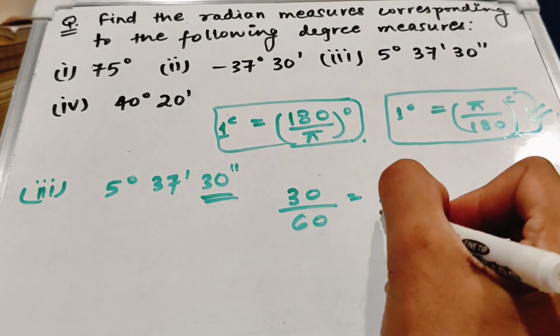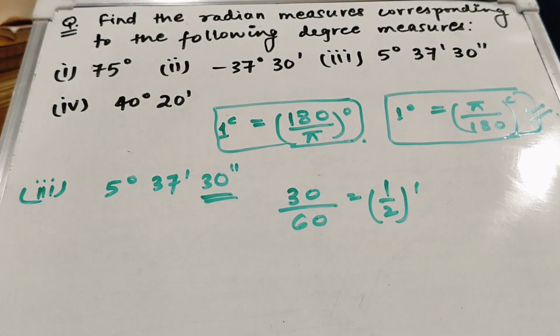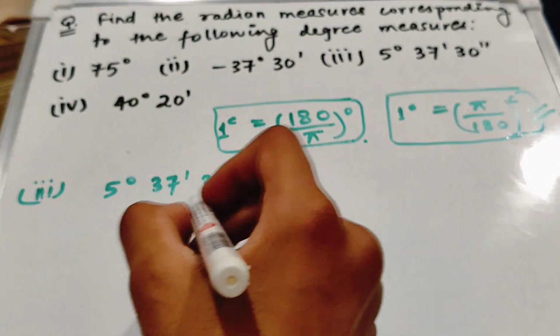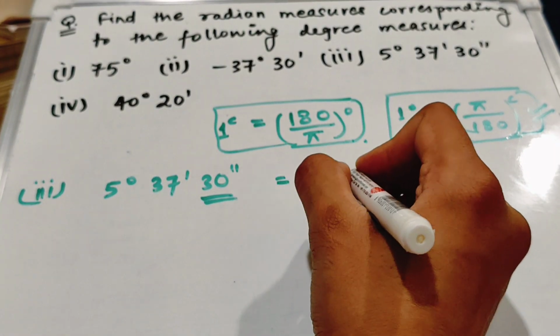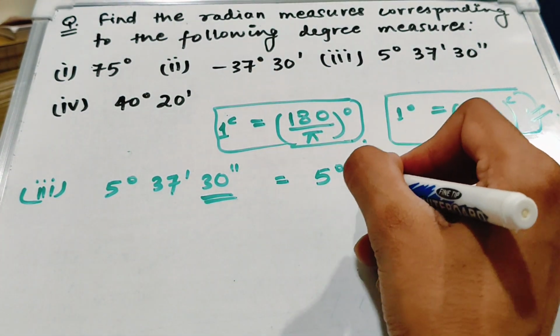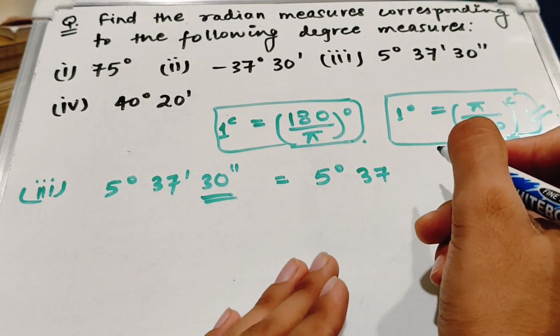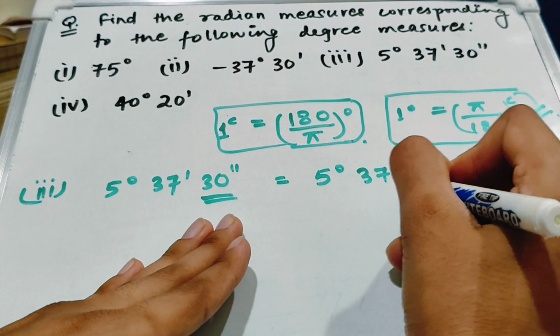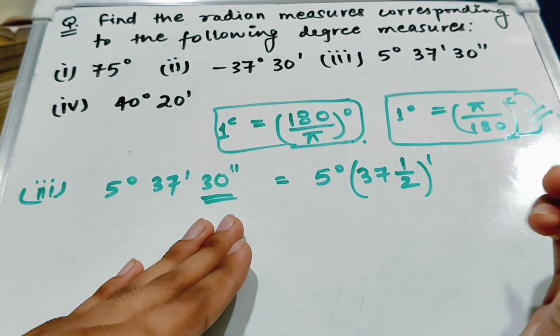It is half a minute, which means that, I hope you are understanding what I'm saying, which means that this is 5 degrees. We have not yet done anything with degrees. 37 minutes, and we converted this seconds to minutes, so it is half minute, right?